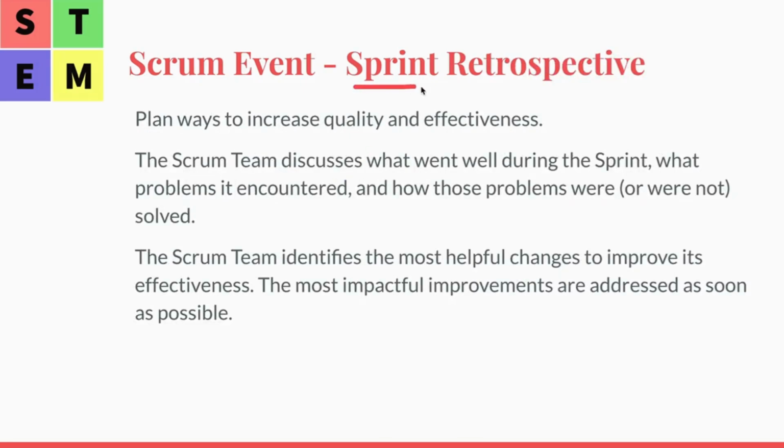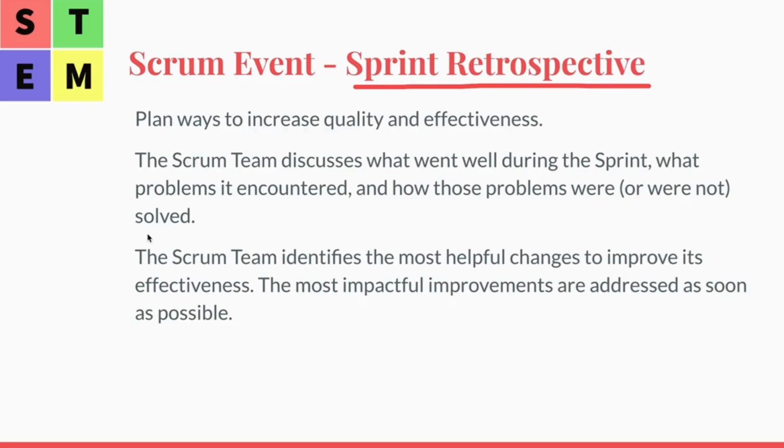And the sprint retrospective. Plan ways to increase quality and effectiveness. The Scrum team discusses what went well during the sprint, what problems were encountered, and how those problems were or were not solved. Easily said, it's a lessons learned session.